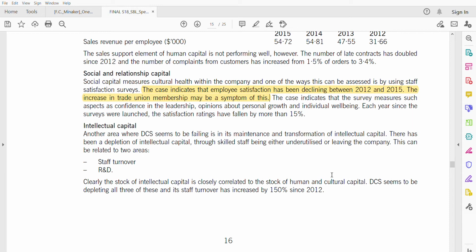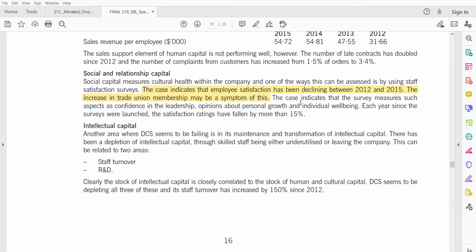These are two separate pieces of information, right? Employee satisfaction is one piece of information, trade union membership is another. How you are going to link them is up to you. You need judgment in this. You need to be very skillful. This is how you link how one statistic is combined with the other.